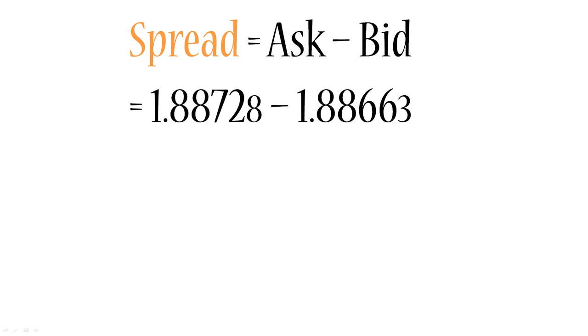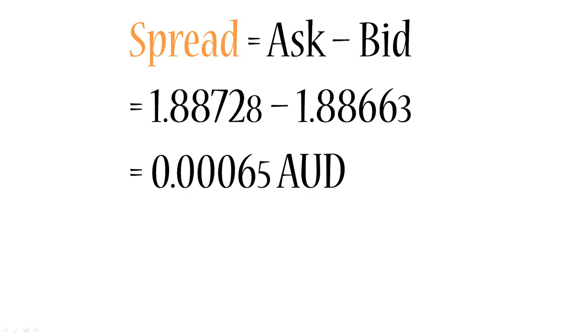So here it highlights to you that these are in fact pipettes on the end of the currency quotations. So the difference of the ask and bid price in this case is 0.00065 units of the quoted currency, which is Australian dollar, and that equals to 65 points.